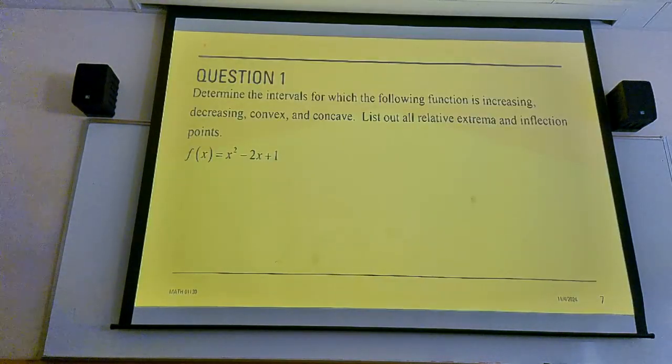So we're going to list intervals where each function is increasing and decreasing, convex and concave. We'll also list out all the extrema and inflection points.